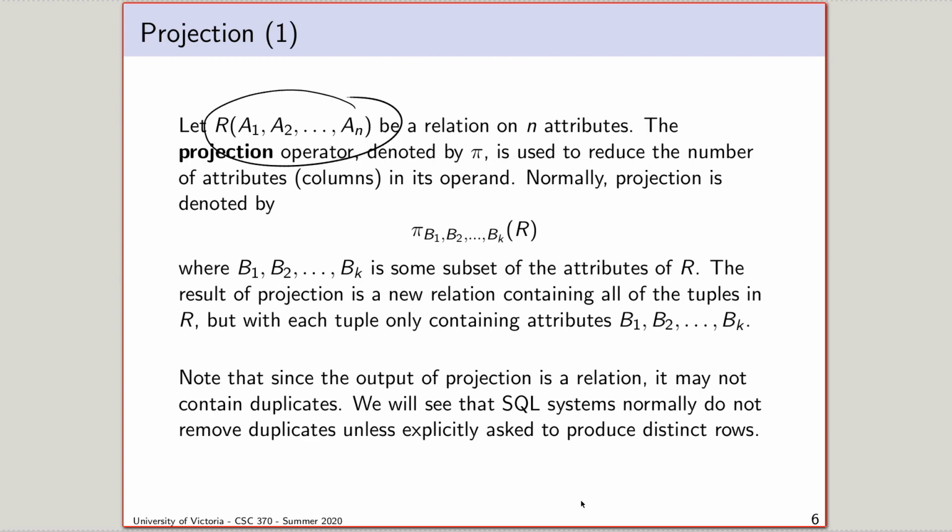What this is defining formally is you have a relation that has n columns, and you specify some subset of them. These columns B1, B2, BK, so each Bi is equal to one of the A's. They could be in a different order, but it's some subset of the existing columns, and the result is every row of the original relation, but only those columns that you specified.